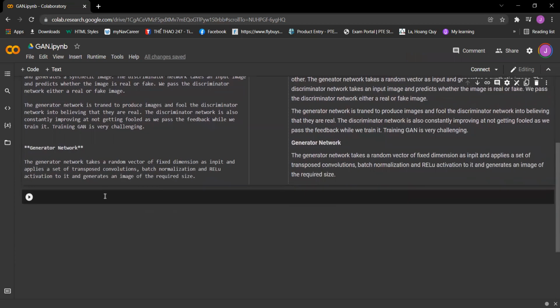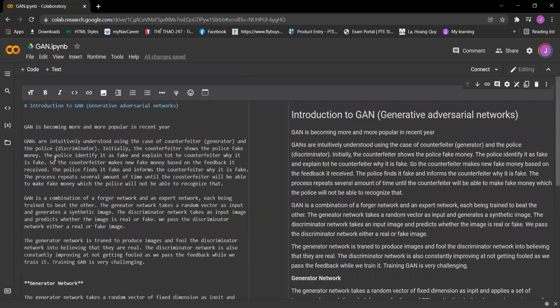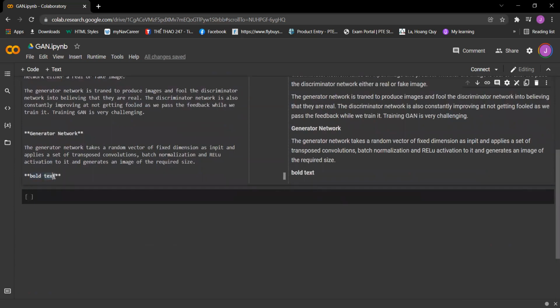Now let's talk about the transpose convolution. So what are transpose convolutions?